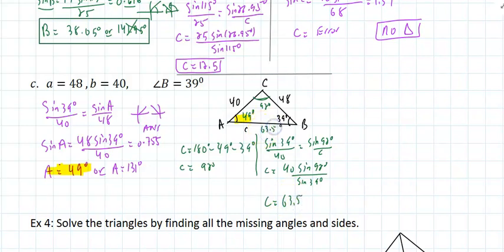And you notice everything makes sense. The biggest angle is opposite the biggest side, and the smallest is opposite the smallest side. So this all works based on what we marked in yellow.